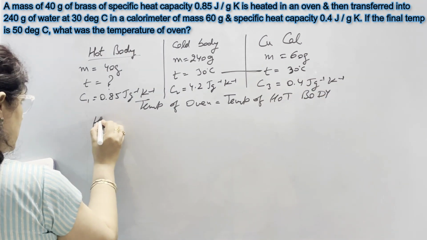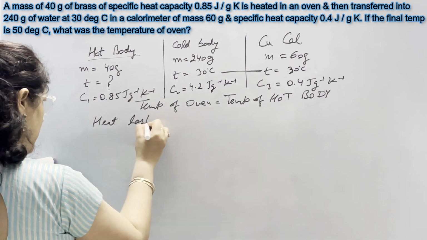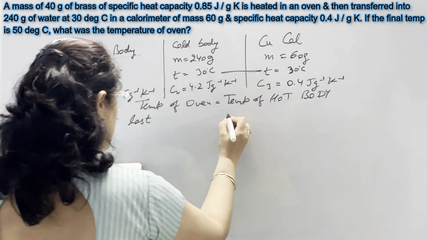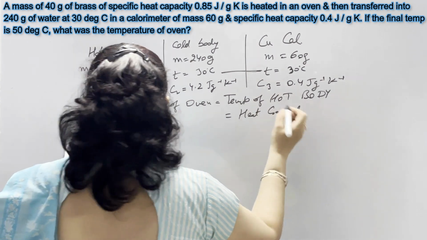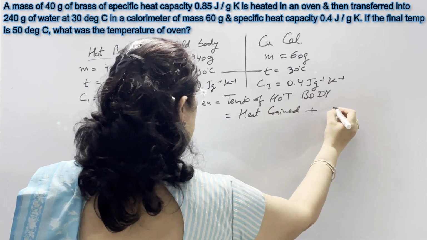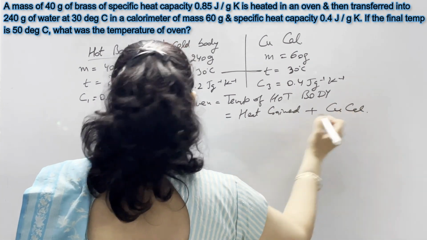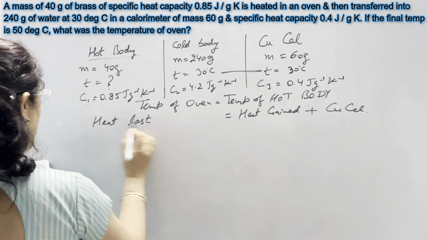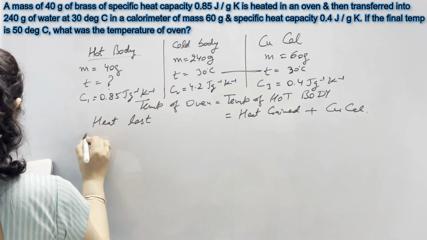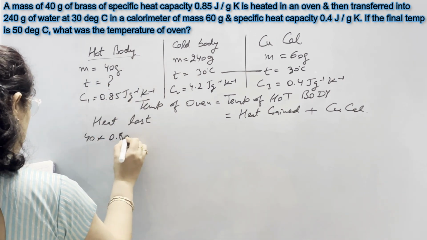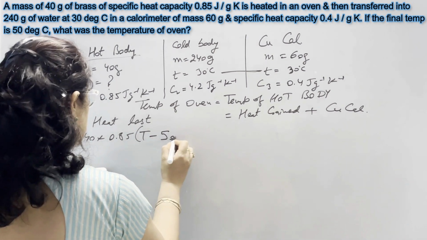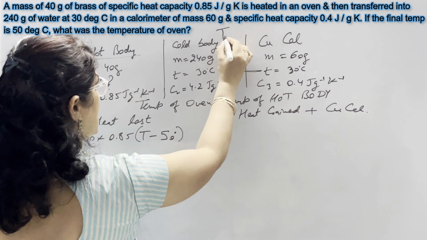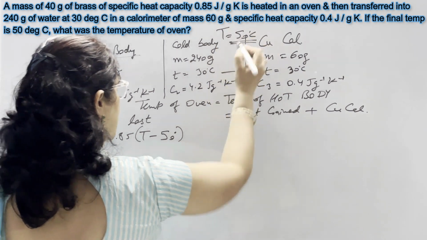Now heat lost by hot body is equal to heat gained by cold body plus heat gained by copper calorimeter also. So heat lost by hot body is equal to M is 40, C is 0.85, and ΔT is T minus 50 degrees Celsius, since it is given that the final temperature is equal to 50 degrees Celsius.